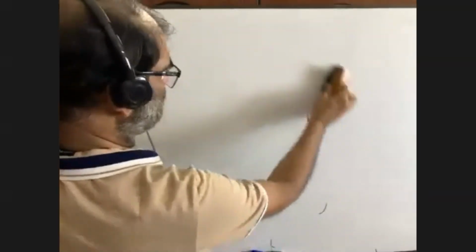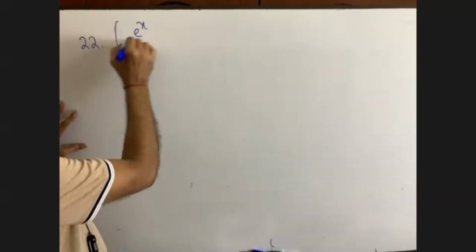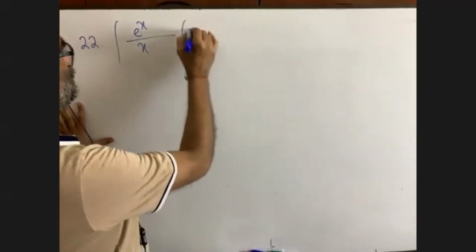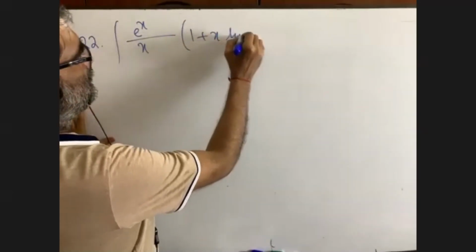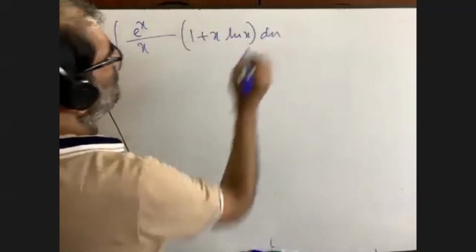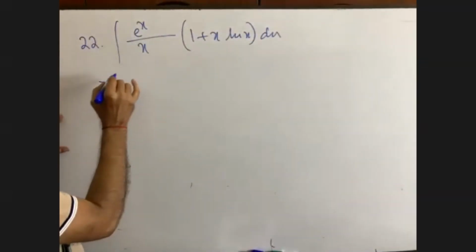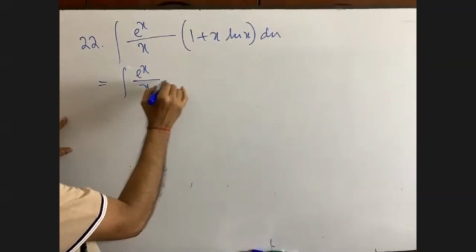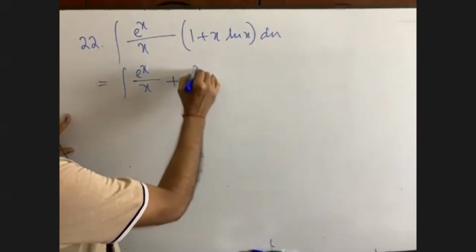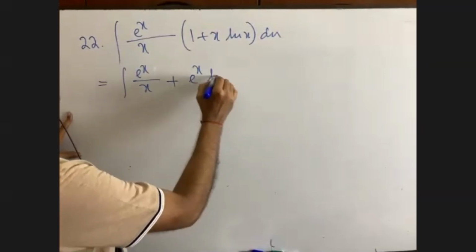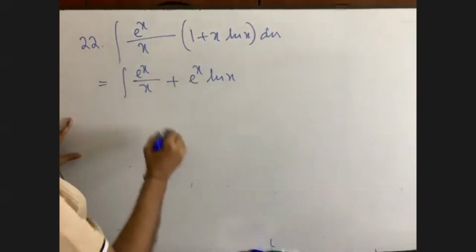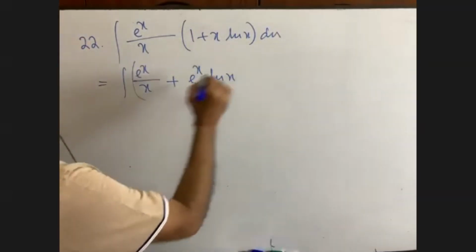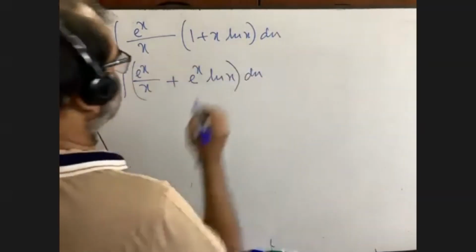Next is the integral of e to the power x by x times (1 plus x ln x) dx. So that is e to the power x by x plus e to the power x ln x, first bracket, this is dx.